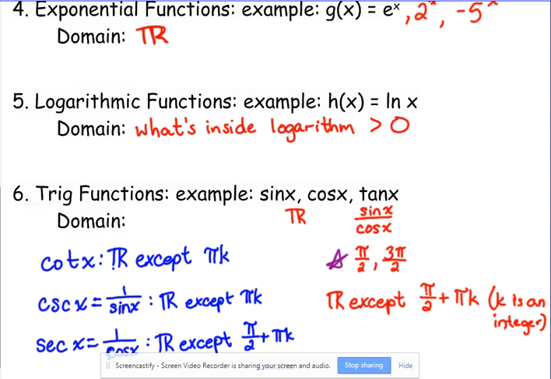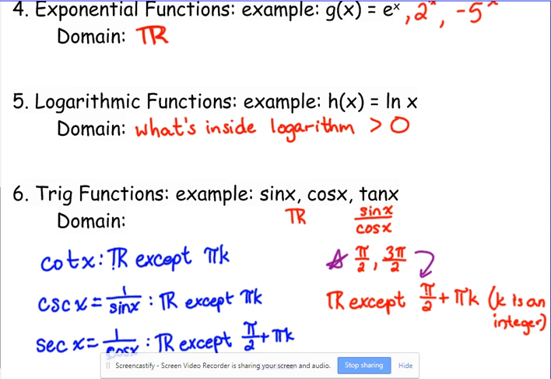So you may see it written like this. All real numbers except for pi over 2 plus pi k. That's going to get you all the multiples. Pi over 2, 3 pi over 2, 5 pi over 2, 7 pi over 2, and so forth.